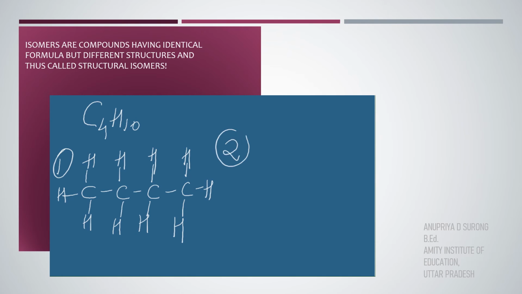However, in the second structure, you will find that the first carbon atom is bonded to the second carbon atom. The difference lies here. Now, the second carbon atom bonds with the third and fourth carbon atom too. And the rest, the hydrogen atoms bond with the carbon atoms in this manner. Simple.